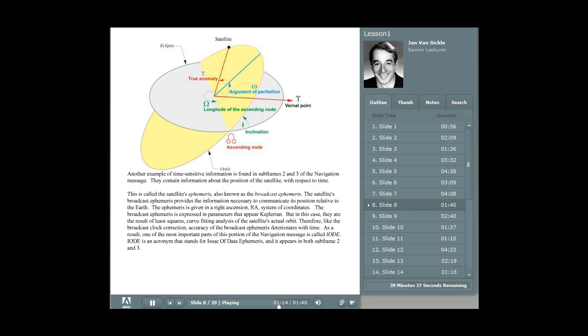These are the points from which the distances must be derived. So one of the pieces of information in the ephemeris subframes is called the IODE, or the issue of data ephemeris. It sort of puts a time stamp on the ephemeris that the receiver gets from the navigation message.